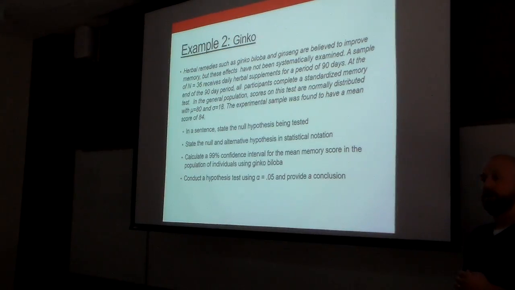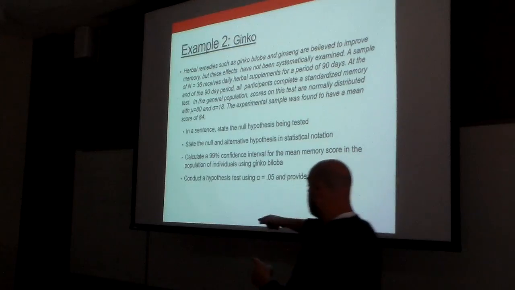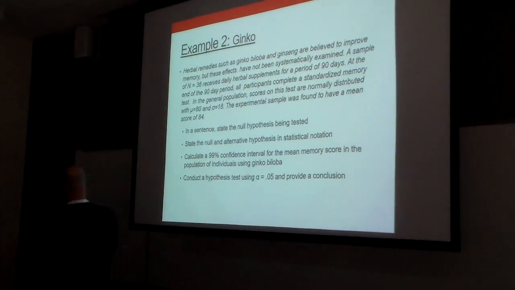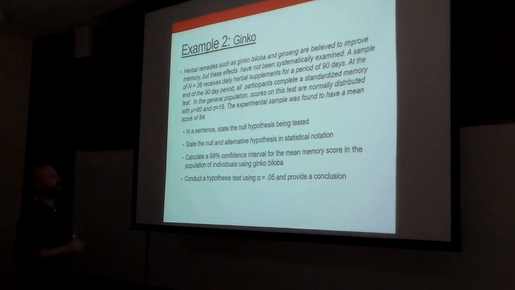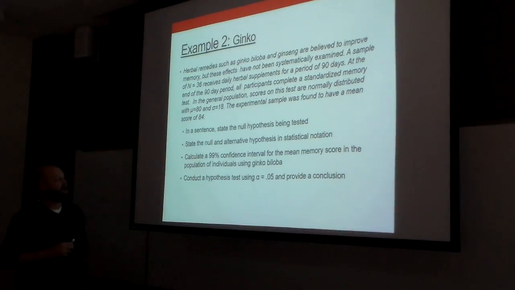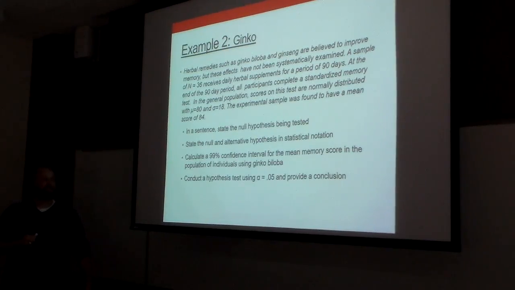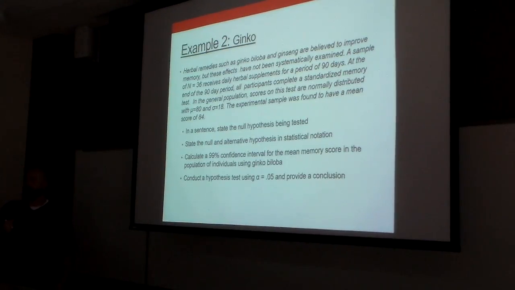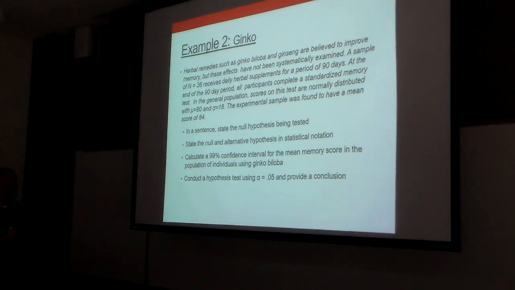Okay. Cool. All right. So we've got our 99% confidence interval. We've made some conclusions on that. But now what I want to do is conduct a hypothesis test at alpha 0.05 and provide a conclusion. All right. So now I need to go through and run my hypothesis test.